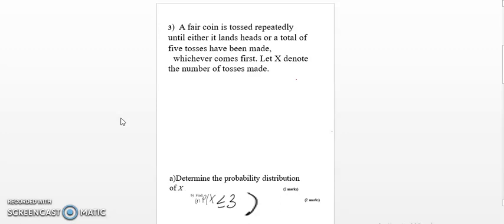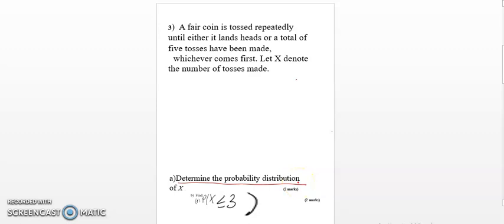A fair coin is tossed repeatedly until either it lands heads or a total of 5 tosses have been made, whichever comes first. Let x denote the number of tosses made. We are to determine the probability distribution of x.